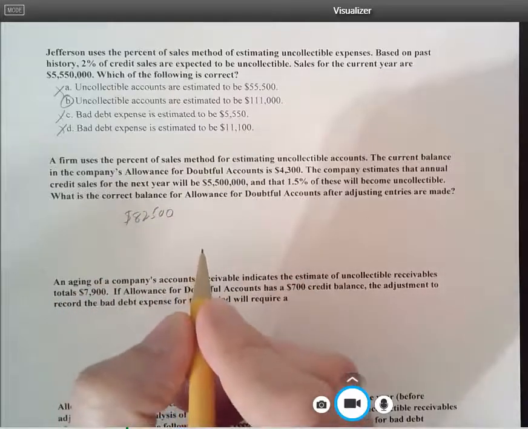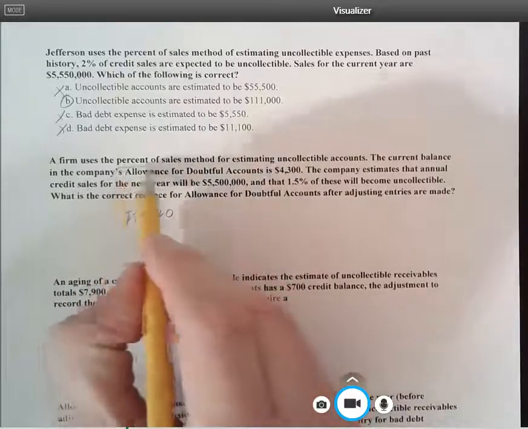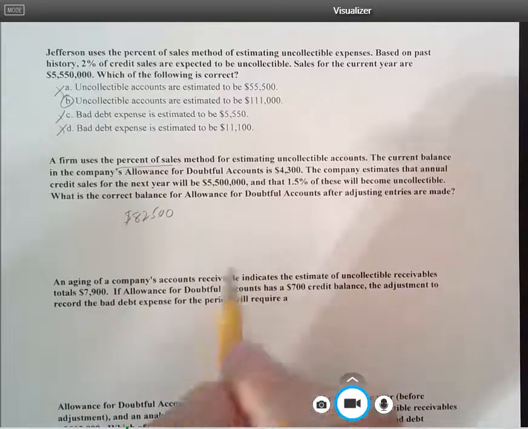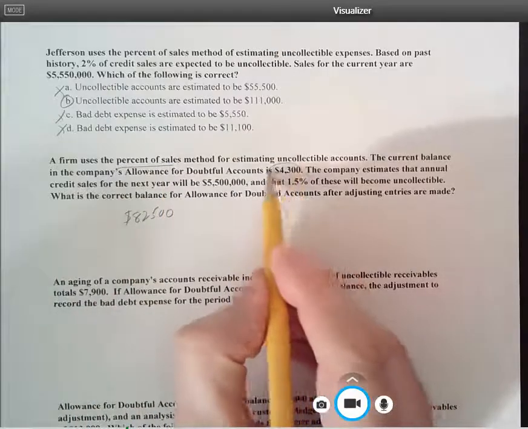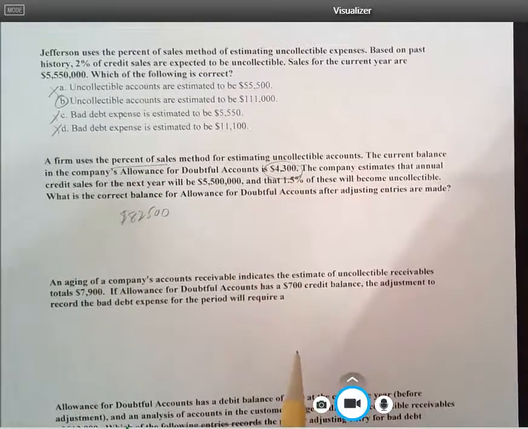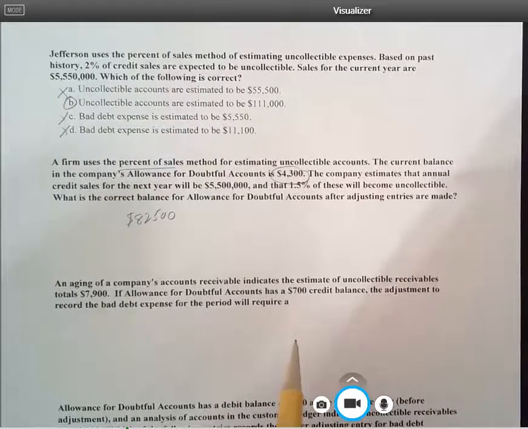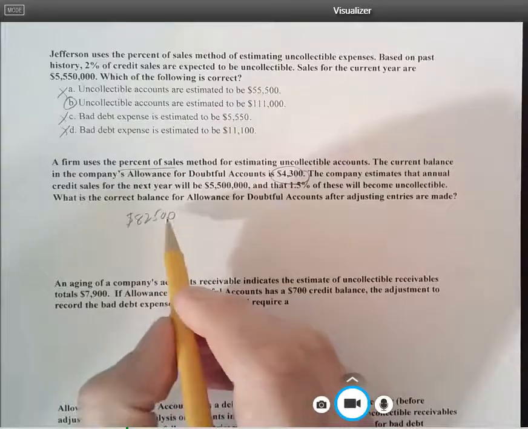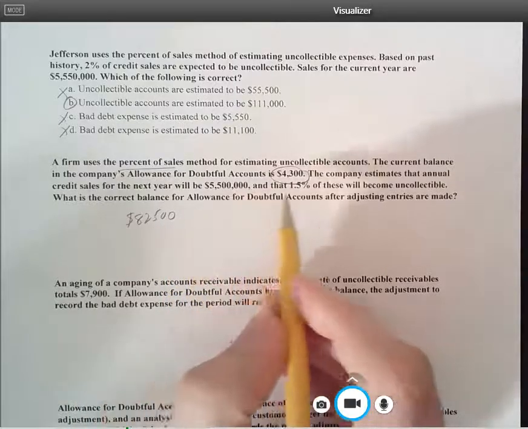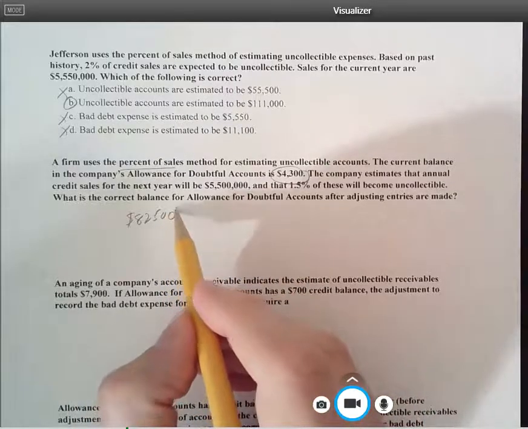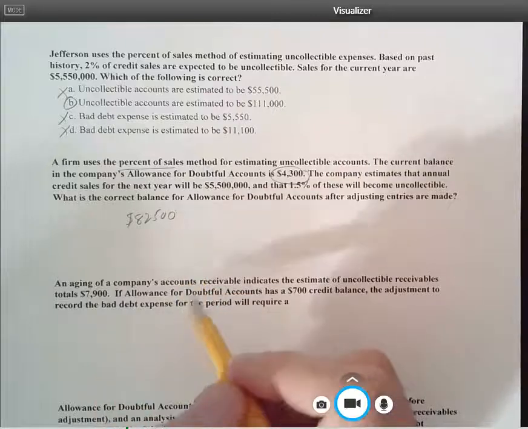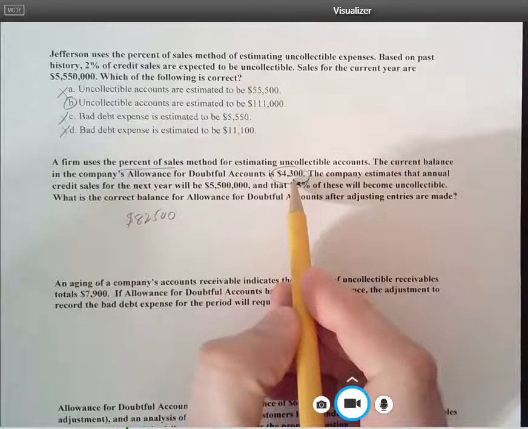But I also want to remind you that we're talking about the percent of sales method. And we have to account for this 4,300 here. Well, the percent of sales method uses an income statement approach. So our focus is going to be to add this 82.5 to whatever is already in the allowance for doubtful accounts.